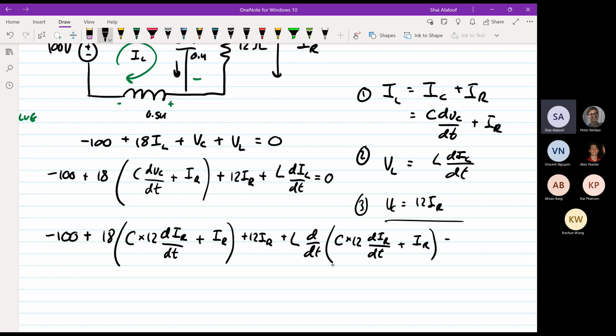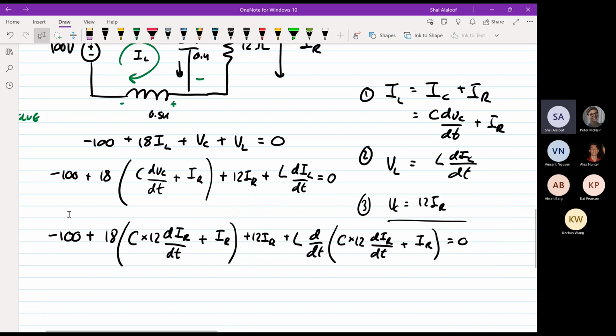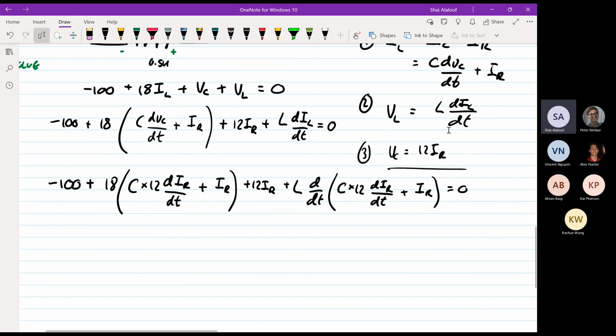And that entire thing equals 0. So essentially, I've got everything in terms of IR at the moment. Yes, it looks a little bit messy, and we're going to have to do some cleaning up. But in a couple of steps, I've converted from having 3 different variables to everything in terms of IR. Now it's just a matter of cleaning everything up.